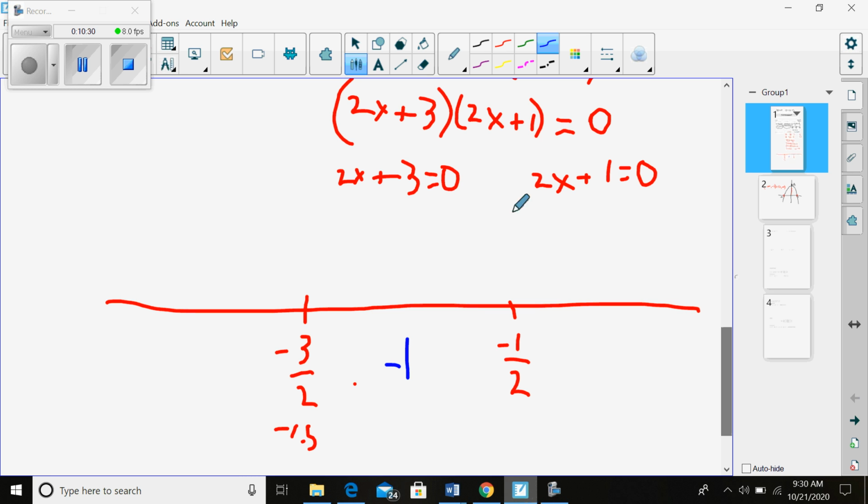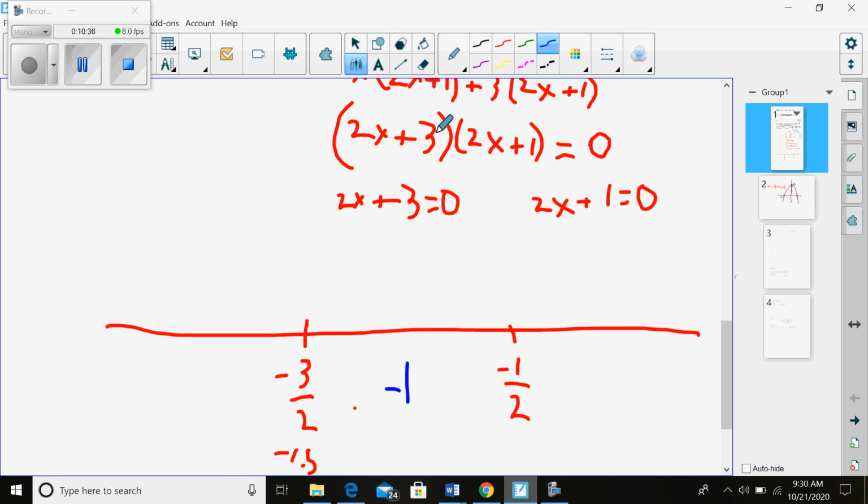So what I do is I come up here where my function's in factored form, and I plug in negative 1. All right, I don't care what I actually get as a numeric answer. I just care whether it's positive or negative. Okay, so if I plug in negative 1 right here, negative 2 plus 3, that would be positive. So I'm just going to write positive here to show that my first factor is positive.